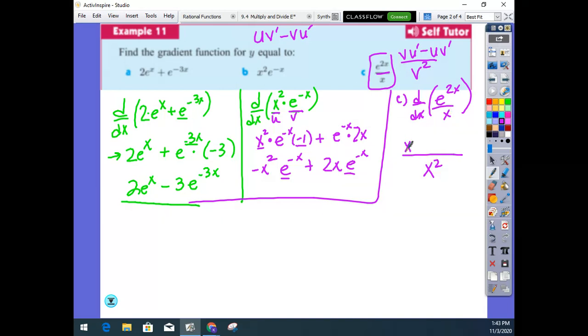The bottom times the derivative of the top. So e just stays the same, times the derivative of the exponent, minus the top times the derivative of the bottom, which is just 1. Best way to write this, I'm going to move the 2 in the front with the x. Final answer.